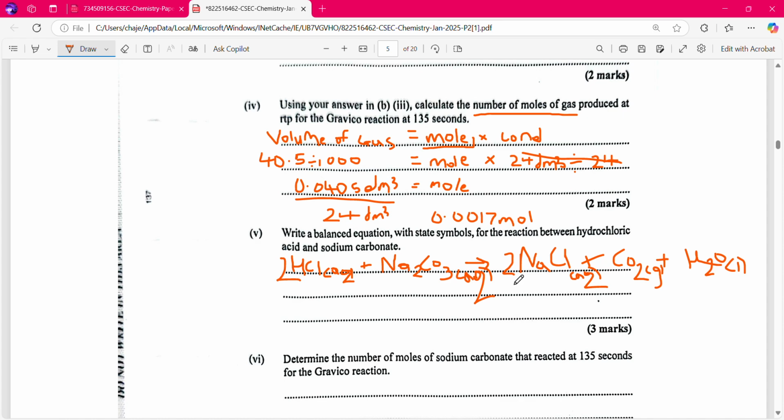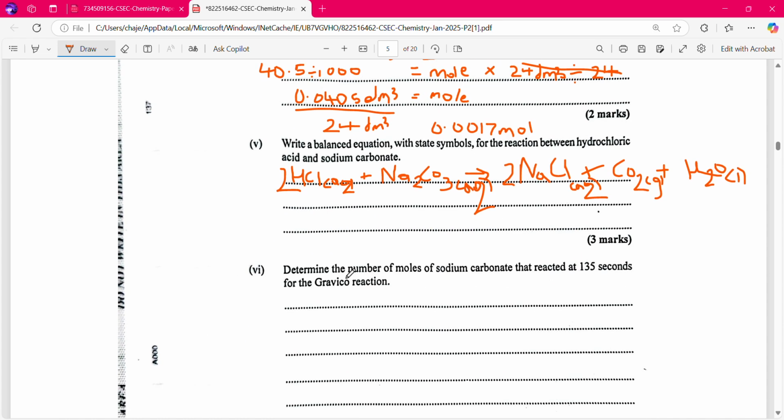Usually you don't even have to balance the oxygen because once you balance everything else, the oxygen automatically becomes balanced. Alright, so that's 3 marks: state symbols, balancing, and also writing the correct chemical formula.